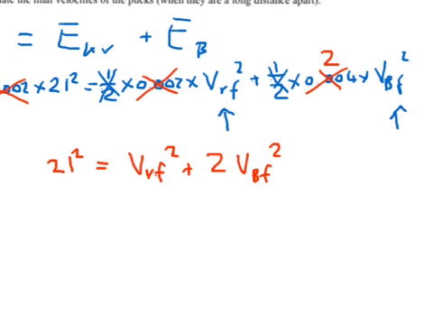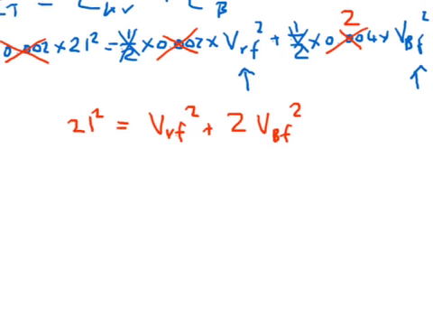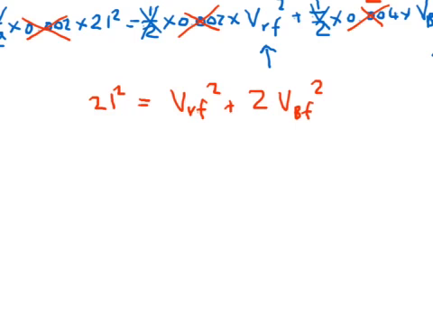So that's one equation. We can also look at the momentum equations. The initial momentum of the red puck equals the final momentum of the red puck plus the final momentum of the blue puck.